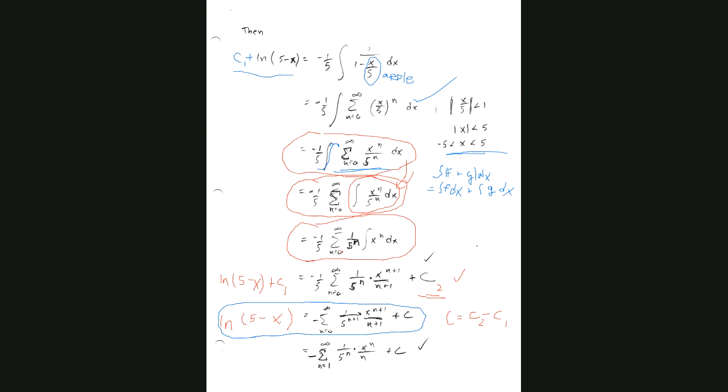Okay, so you notice that the index starts at n equals 0. But we can, if we want, change the index to n equals 1. When we do that, every time you see an n plus 1, you replace it with an n.